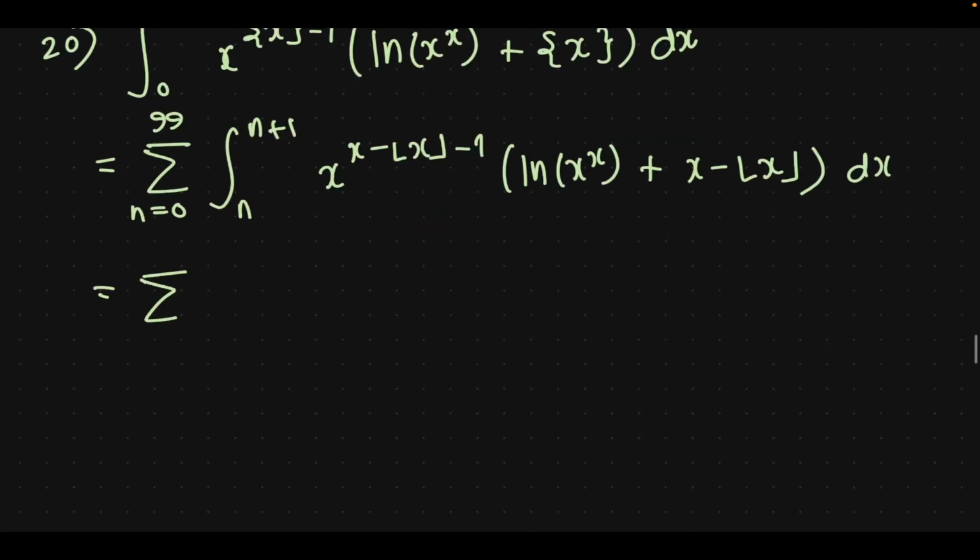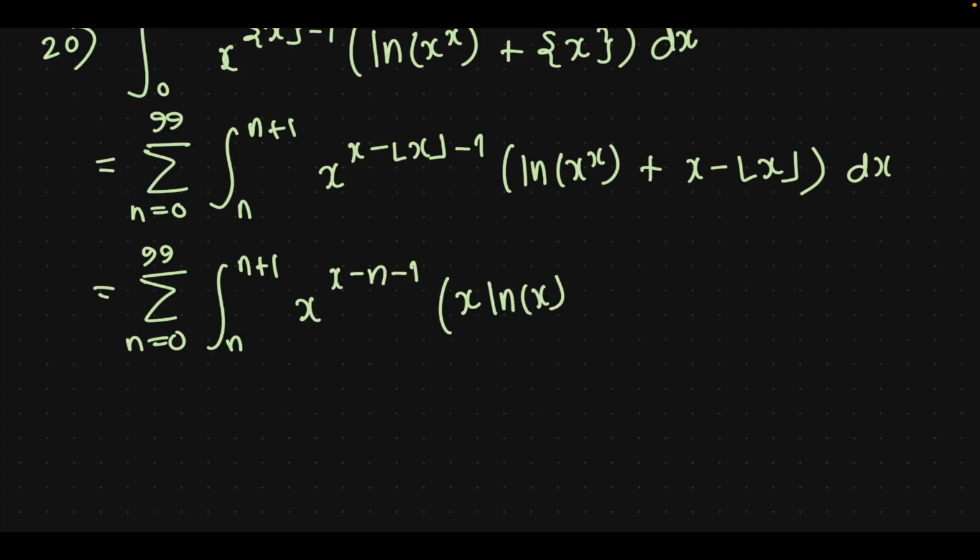Now the purpose of discretizing the interval was that now the floor function on this discrete integral is just n, and we can bring the power of x down, so x times ln x plus x minus n. We're not done yet.